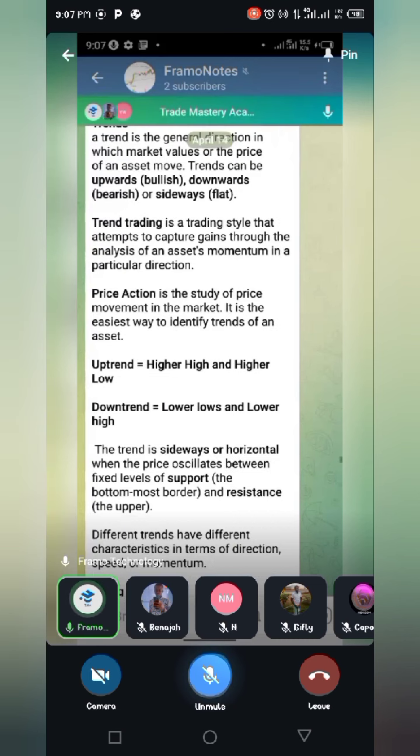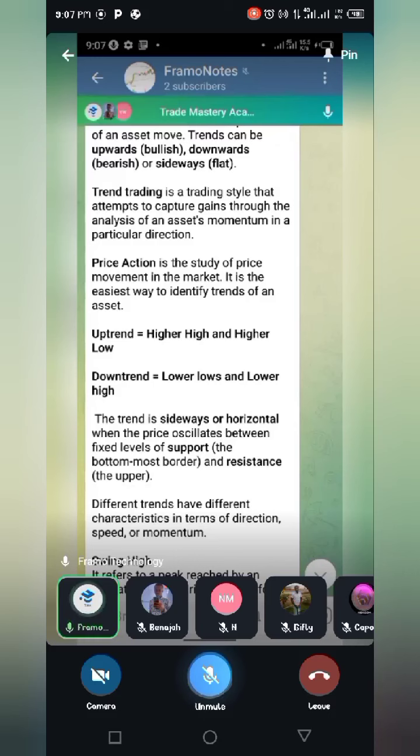Now, if we are going to elaborate on the uptrend and downtrend, as we were studying the candlesticks, we say a price is upward when we see the formation of higher highs and higher lows.